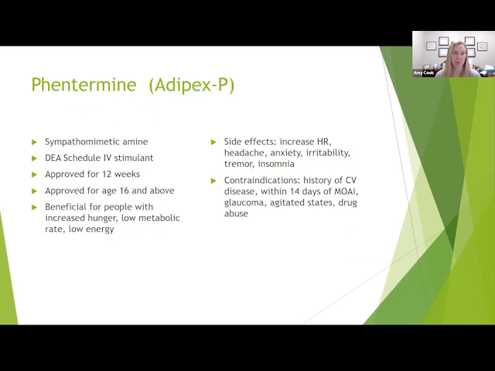I think a lot of people are most familiar with phentermine. It's been around for quite a while and is generic and the cheapest of the options. It's a sympathomimetic amine. It is a controlled substance, a Schedule 4 stimulant. Technically, it is only approved for use for 12 weeks.